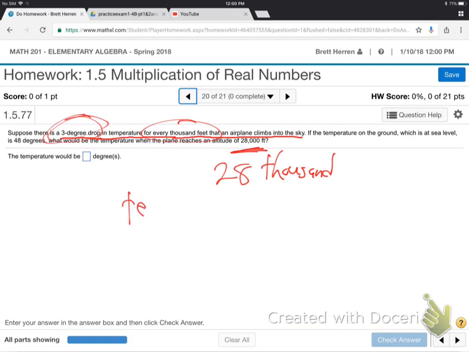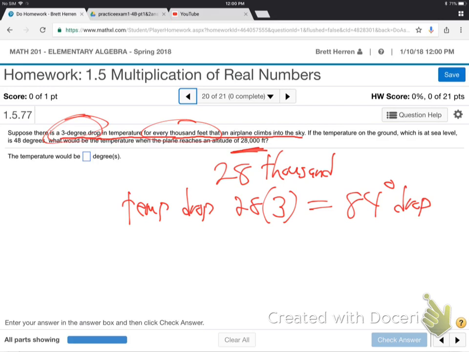So the temp will drop 28 times 3, won't it? 3 degrees, 28 times. Every 1,000 feet. The first 1,000, 3-degree drop. Next 1,000, next 1,000, next 1,000, right? 28 times that temperature will drop 3 degrees. So what's that? 60, 24, 84. 84-degree drop.